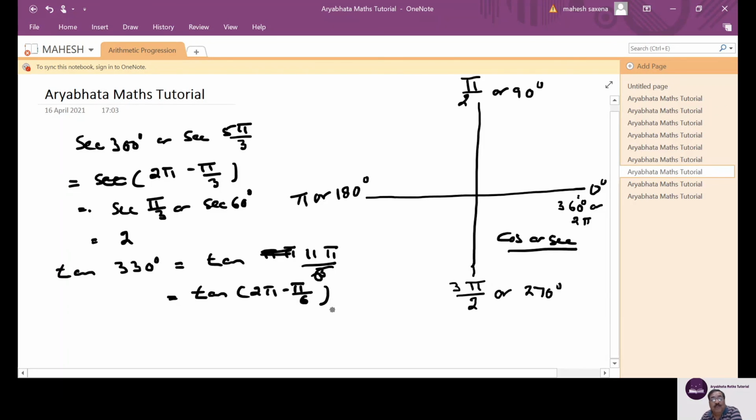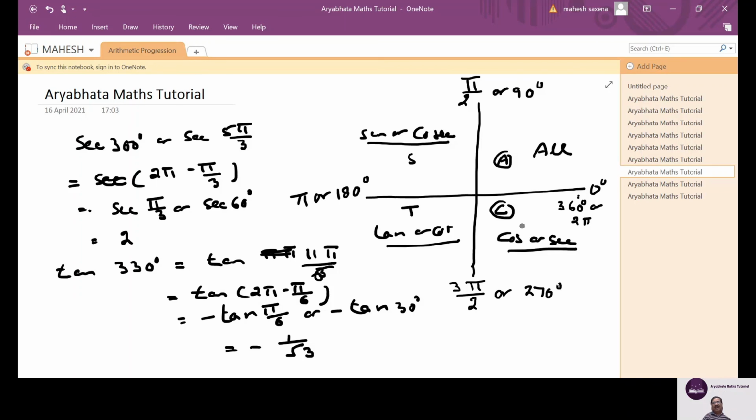Now again, 2 pi minus pi by 6 will be in the fourth quadrant. In this quadrant, only cos and sec are positive and the remaining trigonometric ratios are negative. Therefore, tan 330 will be negative, and it will be minus tan pi by 6, or minus tan 30 degree. Therefore, its value will be minus 1 upon root 3.